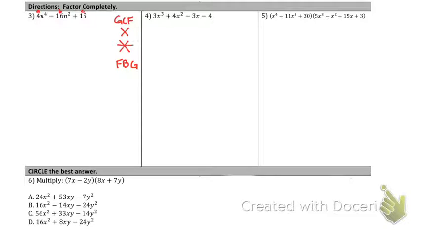Once I recognize that pattern, I know it's one of these. The way I choose is X method is your A value is 1. Snowflake method is your A value is not equal to 1. So if you look, my A value in this case is 4, therefore it's snowflake. A times C on the top, which is going to give me 4 times 15.